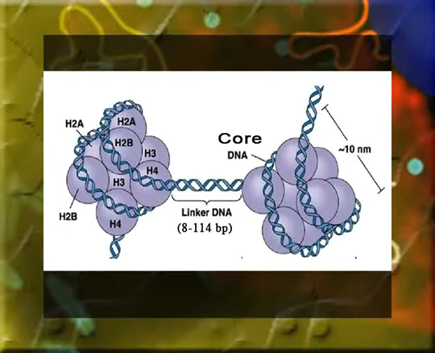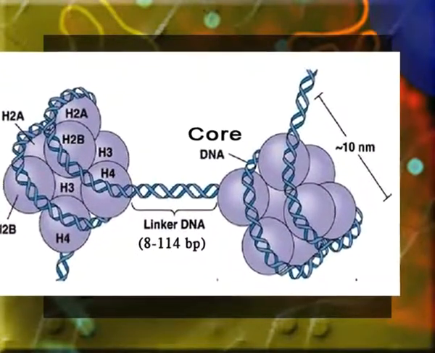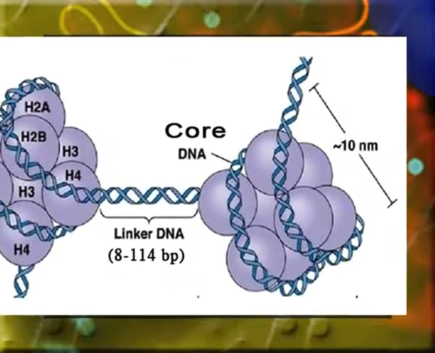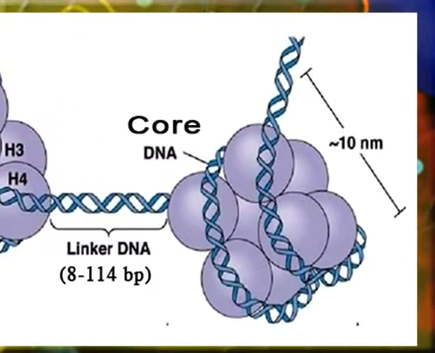The variation in total length of DNA per nucleosome is superimposed on this basic core structure. This suggests that the nucleosomal DNA can be divided into two categories: core DNA and linker DNA. The core DNA has an invariant length of 146 base pairs and is relatively resistant to digestion by nucleases.